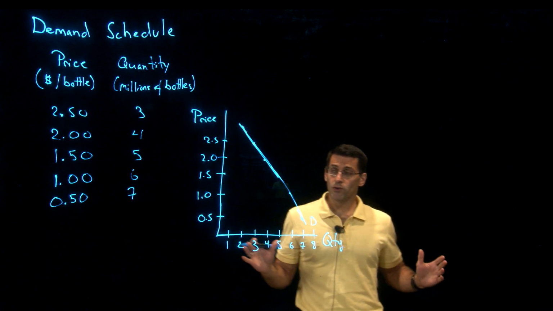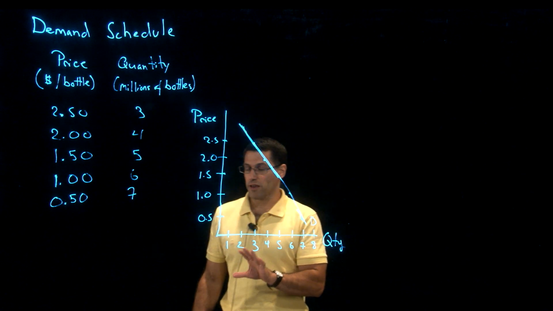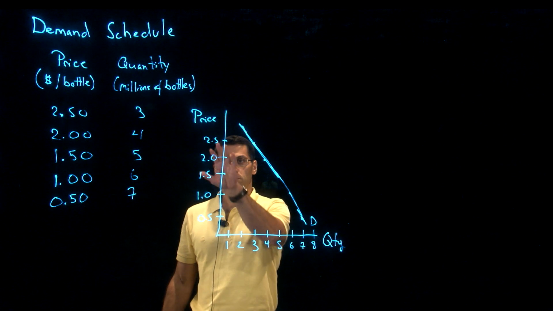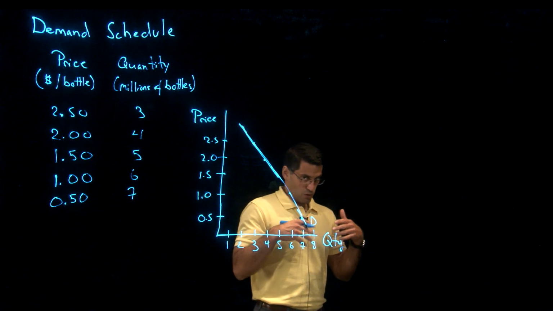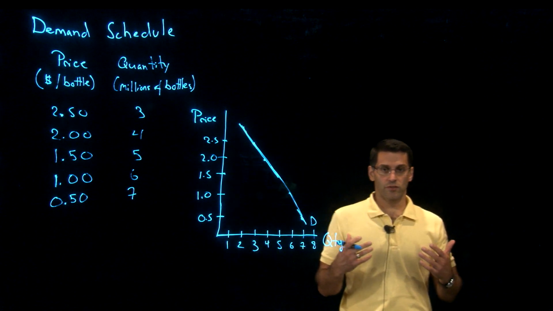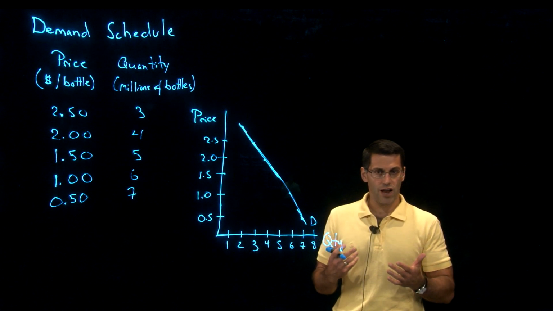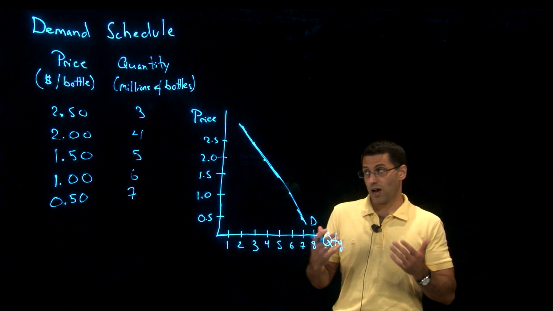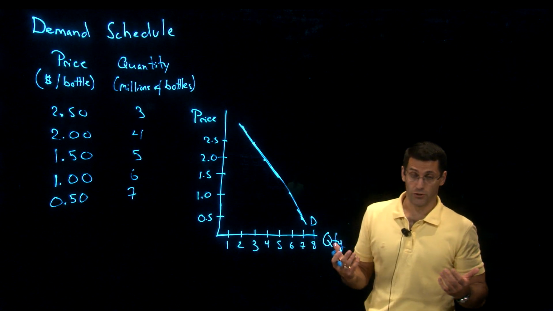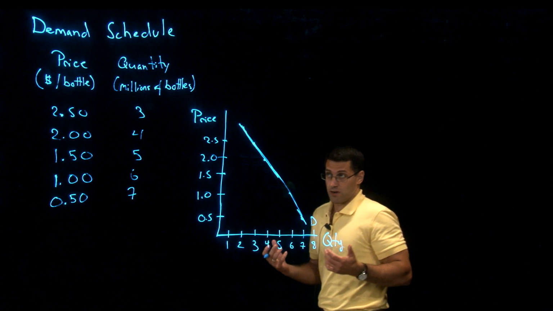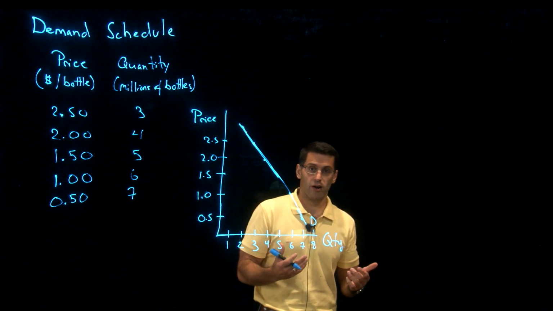Now, the first thing you should notice is that in our demand graph, with no supply yet, we're plotting price against quantity. Hopefully, if you take a few moments to think about it, it'll occur to you that there should be a lot of other factors that determine how much water people want to buy on any given day. What about the temperature? What about the weekend, when people are a lot more active, so they're going to want to buy more water?